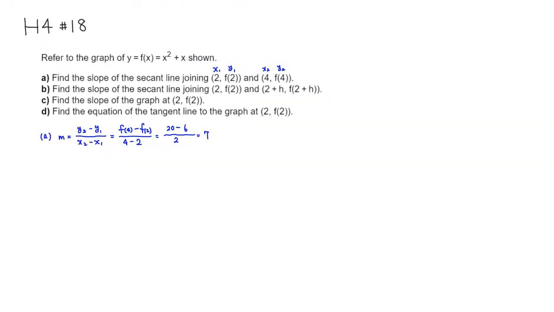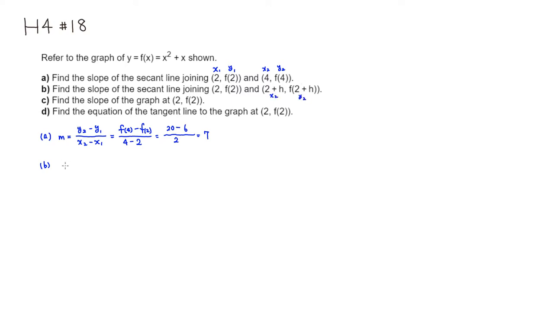Part B, slope of the secant line joining 2 comma f of 2 and 2 plus h comma f of 2 plus h. It's the same thing. You just have to think of this as x2 and y2.